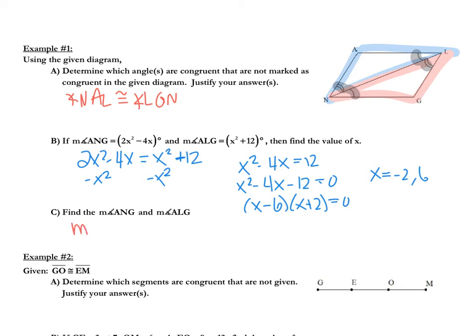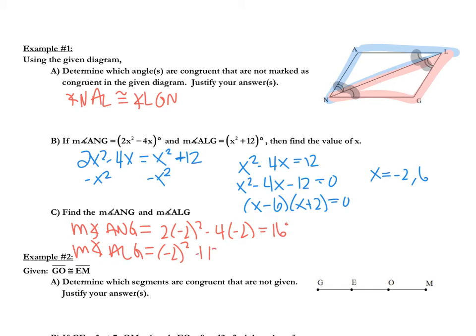So measure of angle ANG is going to be 2 times negative 2 squared minus 4 times negative 2, which gives me 16 degrees. And then let's plug that in to ALG as well. If these are supposed to be congruent, remember that they should be the same number when I'm done.